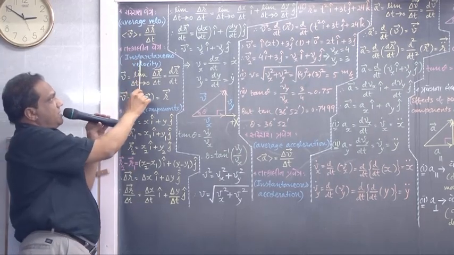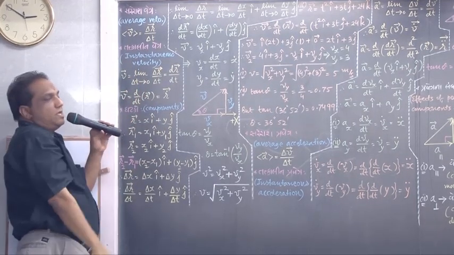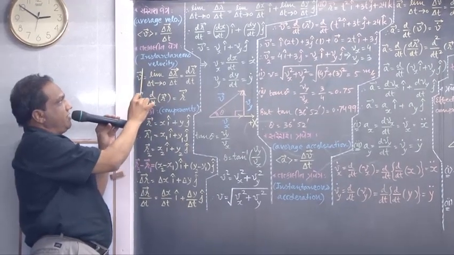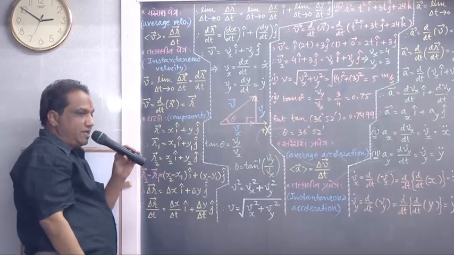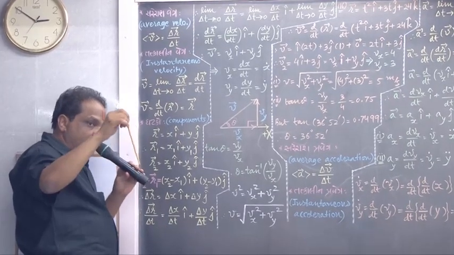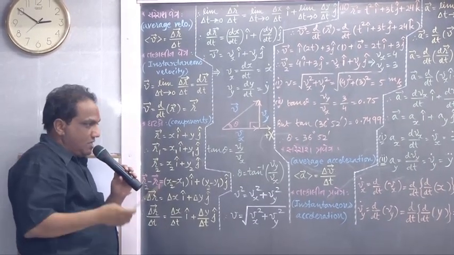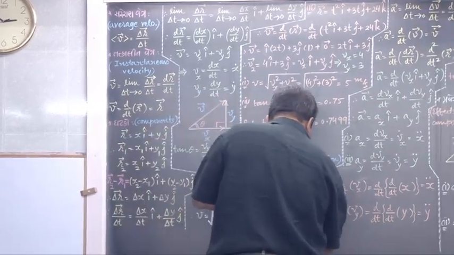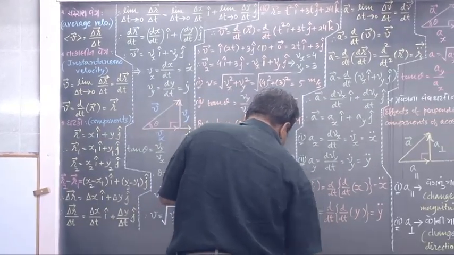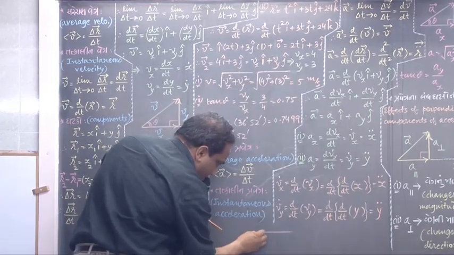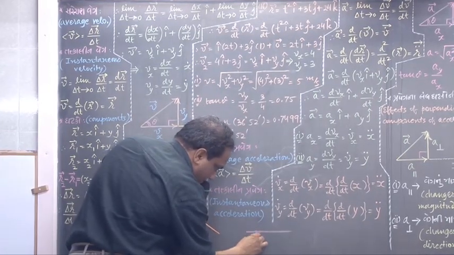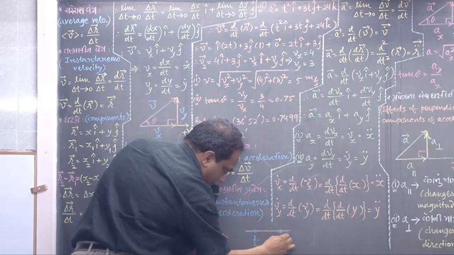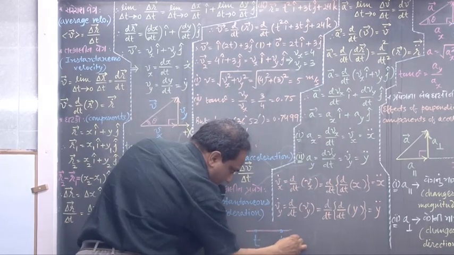What about instantaneous velocity? Just remove this sign of average and write only vector v. Instantaneous means at a particular instant of time. On this time scale, suppose this is instant t, and this is some later instant of time, t plus delta t.